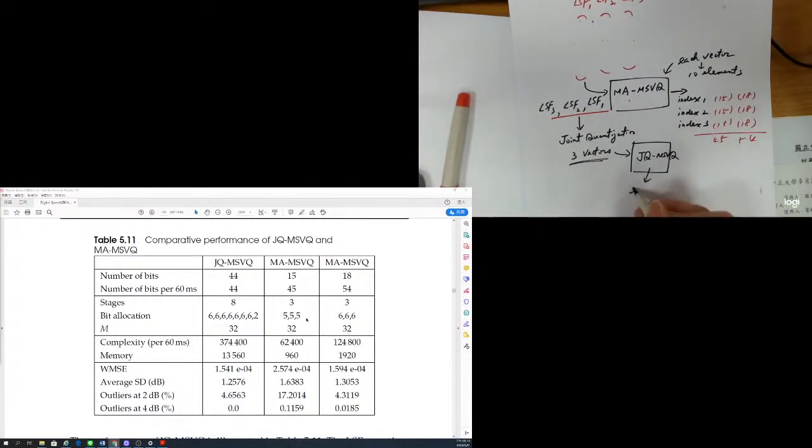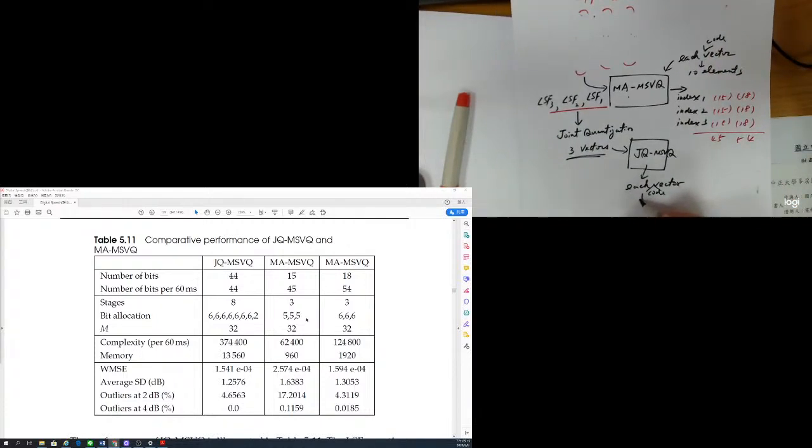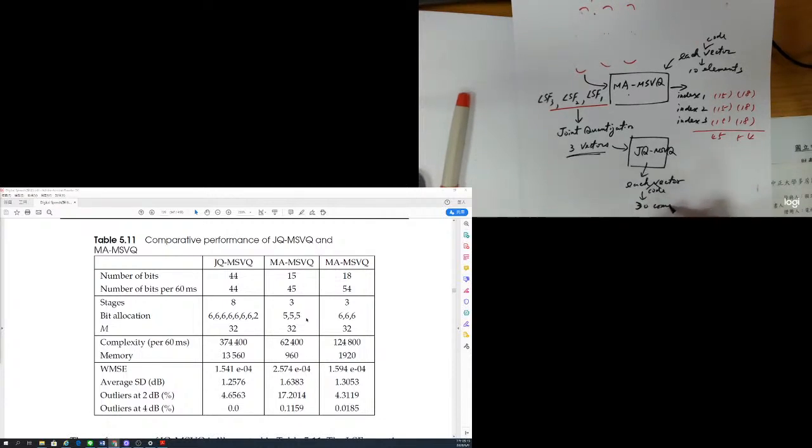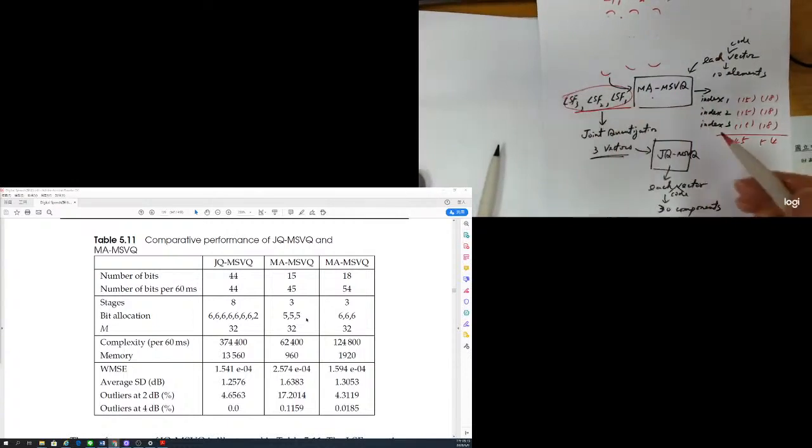So each combined vector contains 30 components. In this case, because we quantize together, during the quantization we combine 3 into a meta vector.